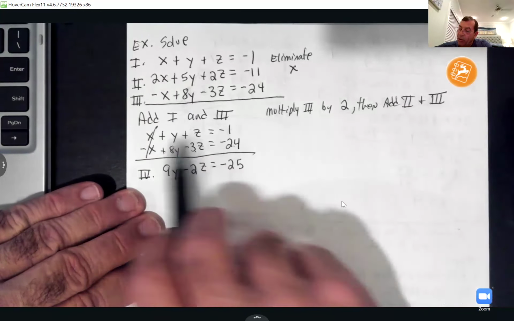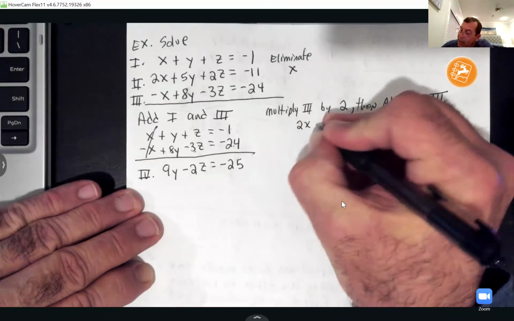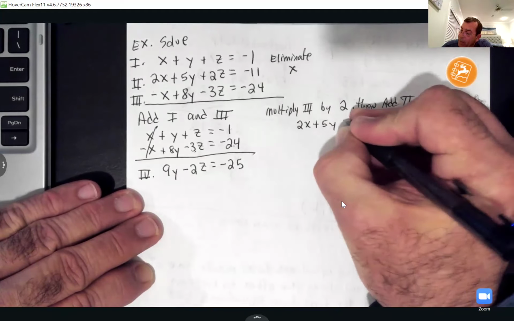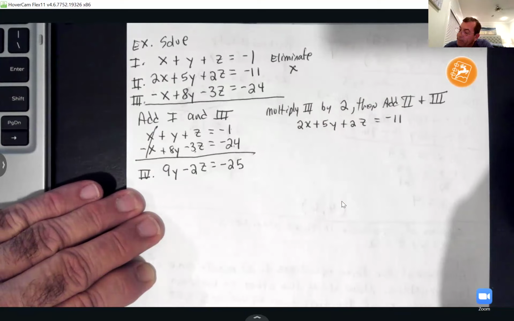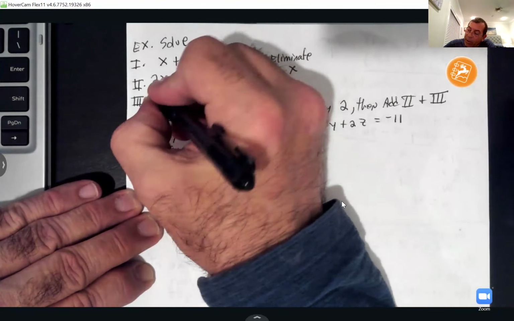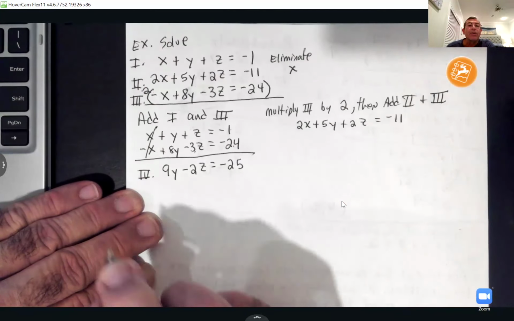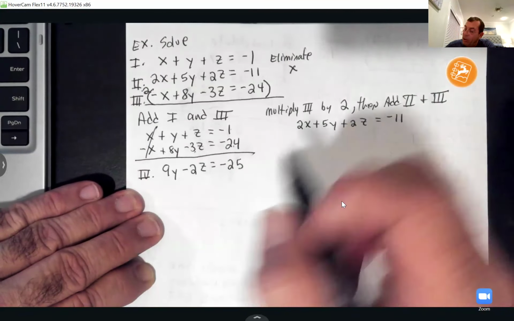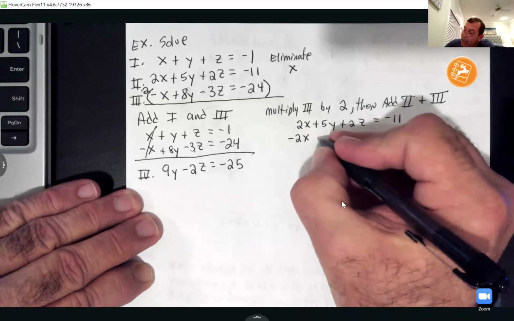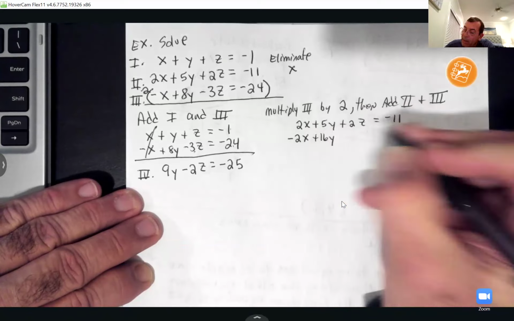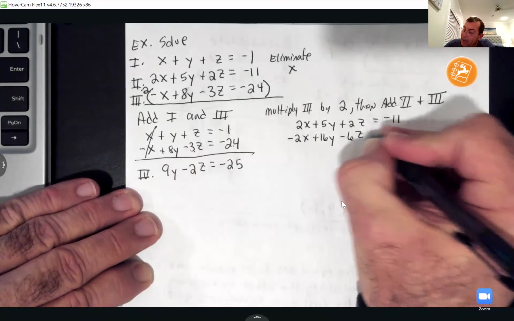We're going to add 2 and 3, so 2 doesn't change. So 2 is going to be 2x plus 5y plus 2z equals -11. And then we're going to take this third equation and multiply by 2. So you're going to get a -2x. 2 times 8 is what? 16y. 2 times -3 is -6z.